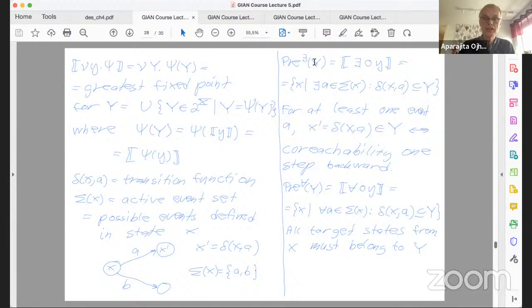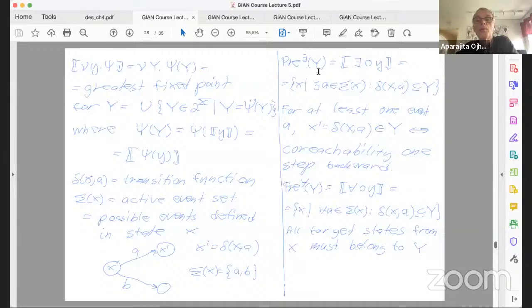Now, pre-existence of Y corresponds to the existence of next Y. That means that we are looking for all X such that there exists an event A in the active event set such that delta of X is a subset of Y, of the current state set.